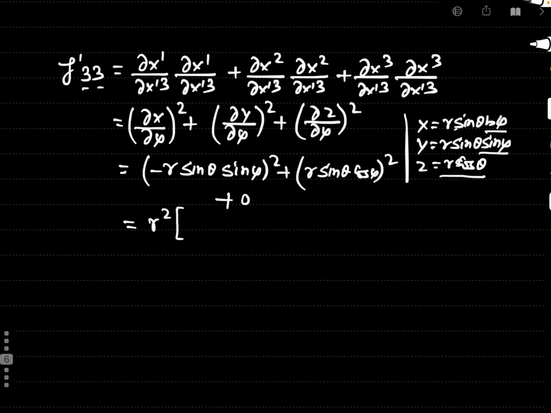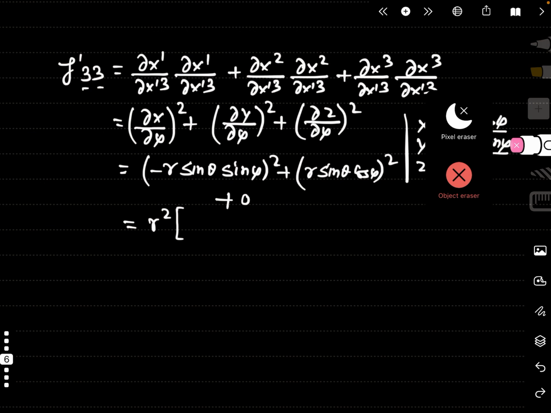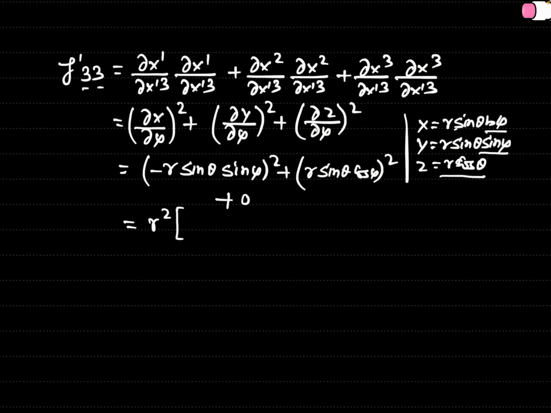We can take r squared sin squared theta as a common factor, and then there will be sin squared phi plus cos squared phi, and this is equal to 1.